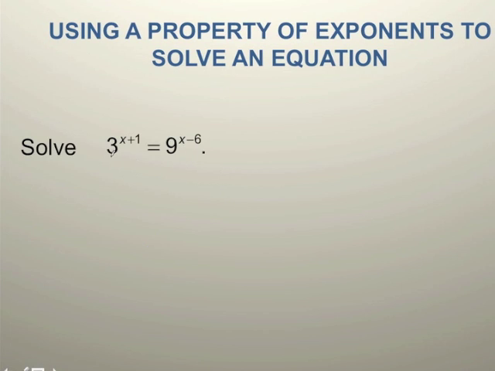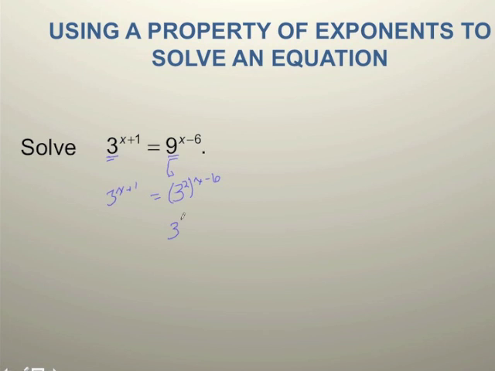This one's a little different. The bases are different. Wait a minute. 9 could be 3 squared. So this could be 3 squared raised to the x minus 6 power. And remember, when we have a power raised to a power, we multiply the powers together.